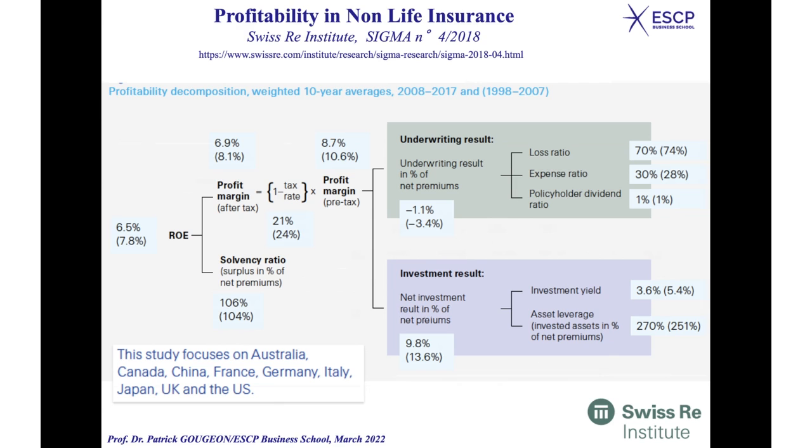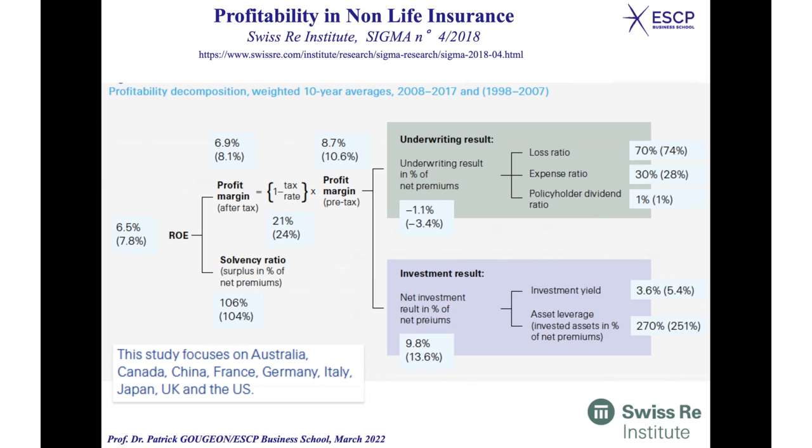It comes from the loss ratio, expense ratio, and policyholder dividend ratio. There are some payments to policyholders. So altogether, you find a negative underwriting result that can be compensated by an investment result, which is highly positive. All that is made with an average of all the countries mentioned here.